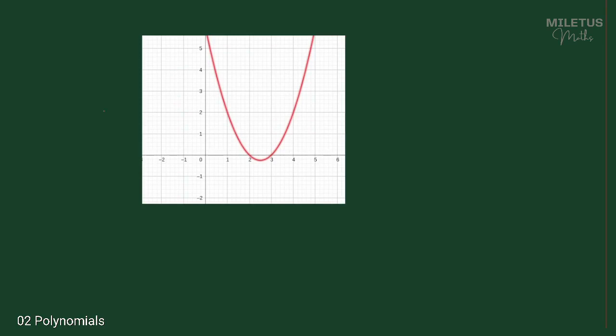As I already mentioned, 3 is one place where it intersects the x-axis, and 2 is another place where it intersects the x-axis. That means both of them are zeros of the polynomial p of x, which was x square minus 5x plus 6.